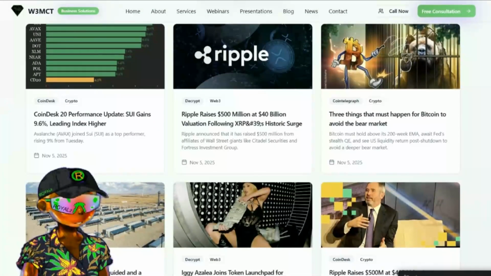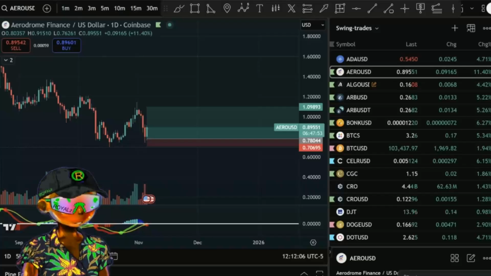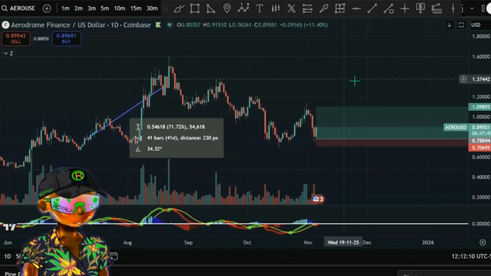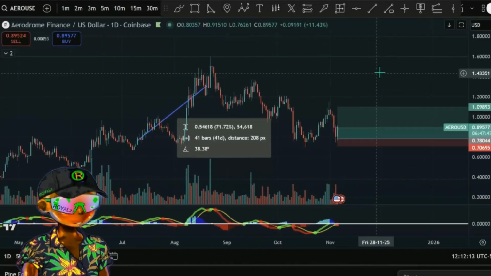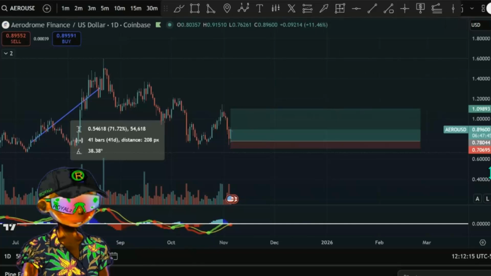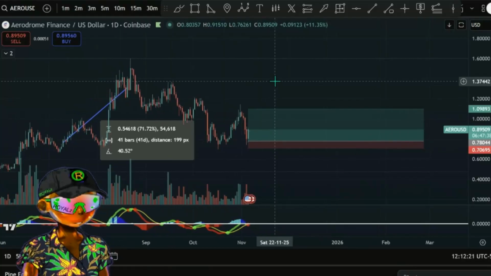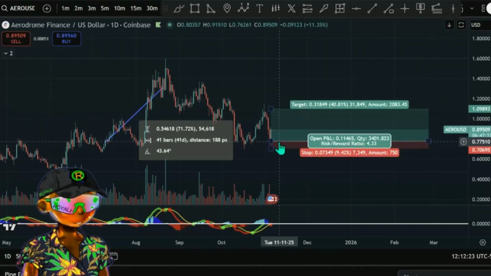Right now, for the trade of the day, actually, let me move this. Well, I guess it's not the day anymore. Yesterday, with my Web3 group, we went over Aerodrome and we were preparing for it. Our entry area was around the 75 to 68 level, looking to stay within consolidation, a nice range.